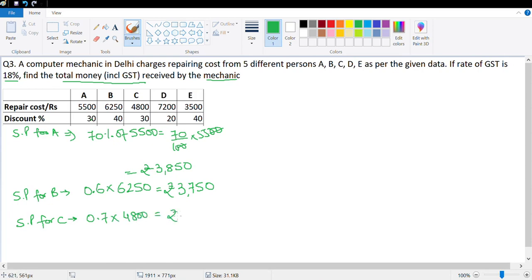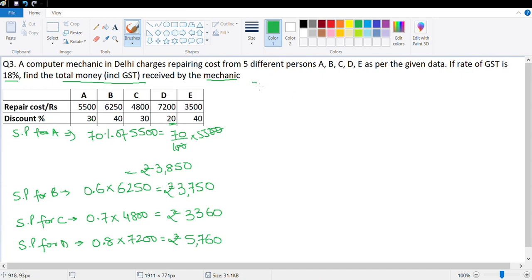So that's 7 into 4, 28. 7 8s are 56. So 28 plus 56, that's 336. So 3,360. Next, SP for D, there's a 20% discount, which means the final price is 80%. So that's 0.8 into 7,200. That's 72 into 8, 576.